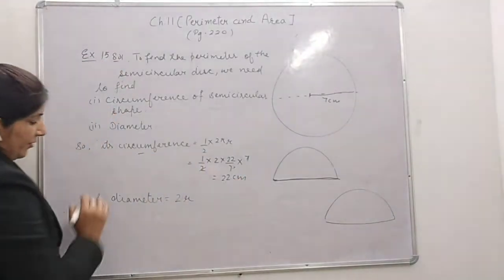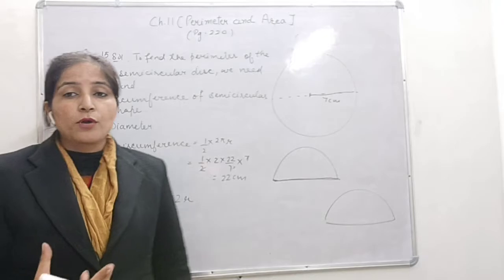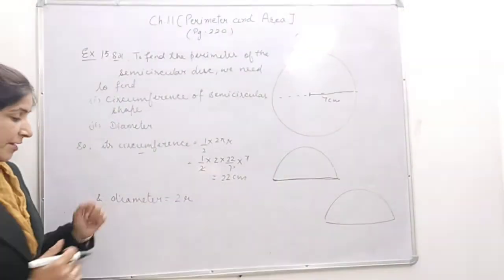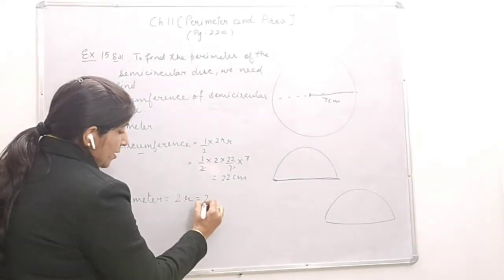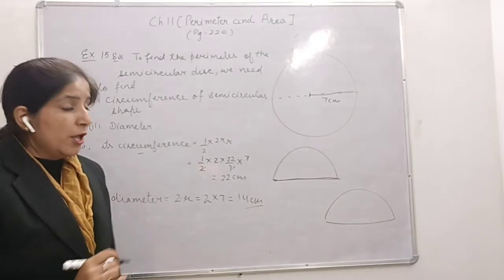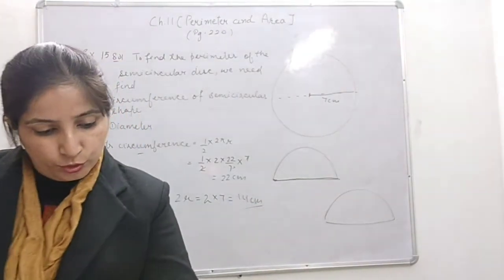That is the answer for the semicircular circumference only. Now to find the diameter, as we know, the diameter is always double the radius. So 2r is the formula to find the diameter, twice into 7, 14 centimeter will be the diameter. So now to find the perimeter of the shape, we need to add both.